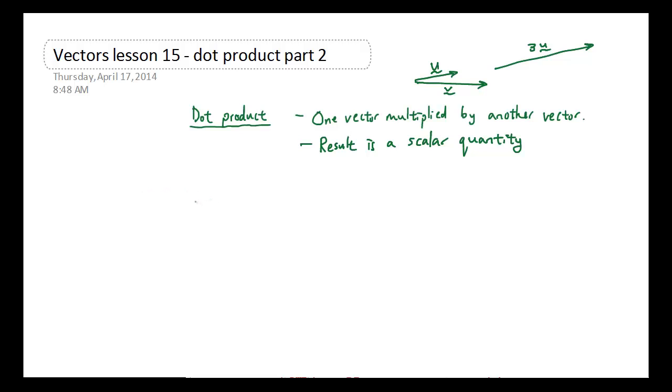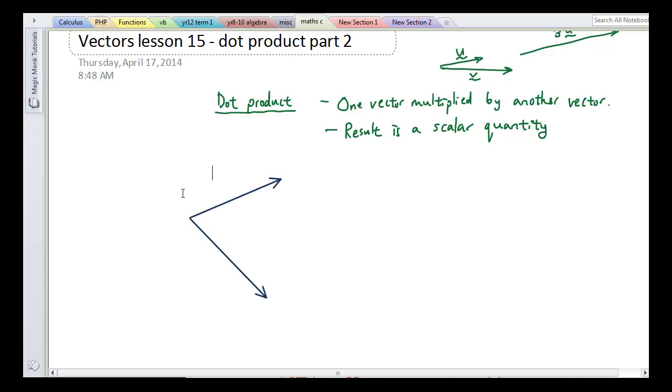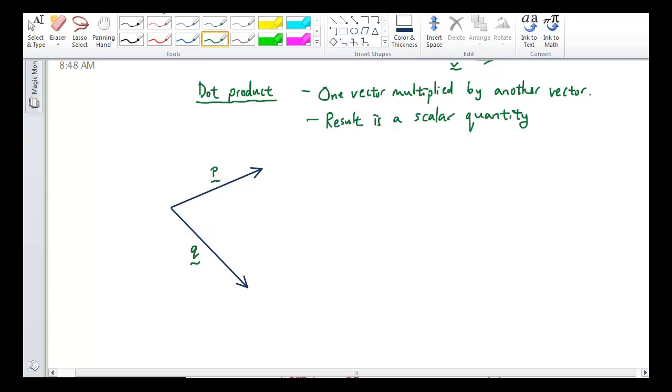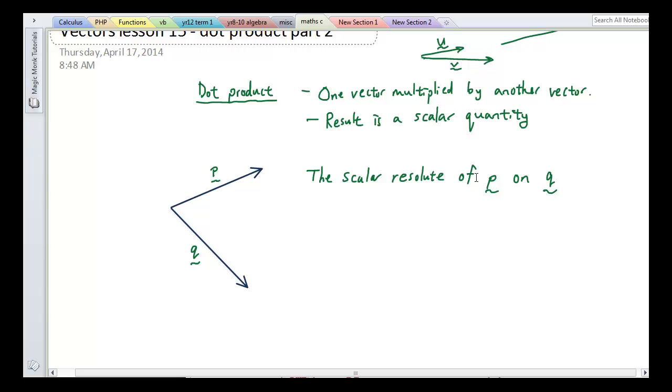Now if you remember, last lesson we talked about the scalar resolute. If you don't remember that, have a look at our previous lesson, lesson number 14. So basically last lesson we said that if we have two vectors, vector p and vector q, then the scalar resolute of p on q means how much of vector p is acting in the direction of q.